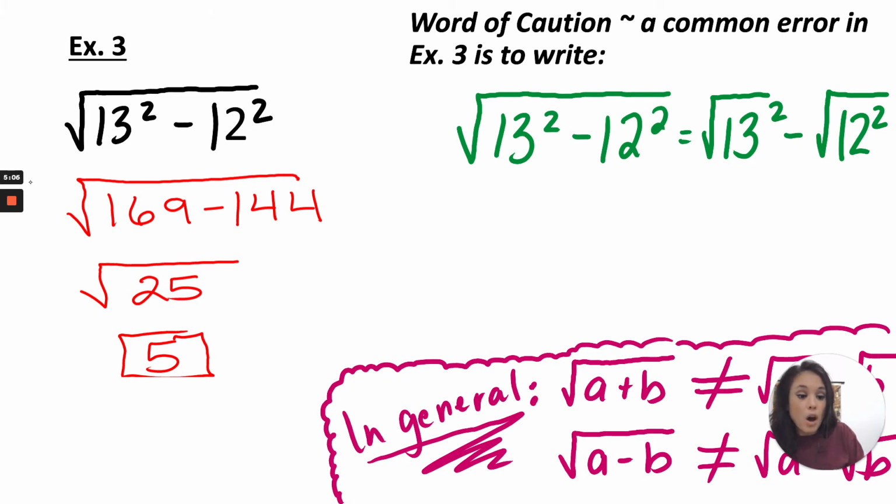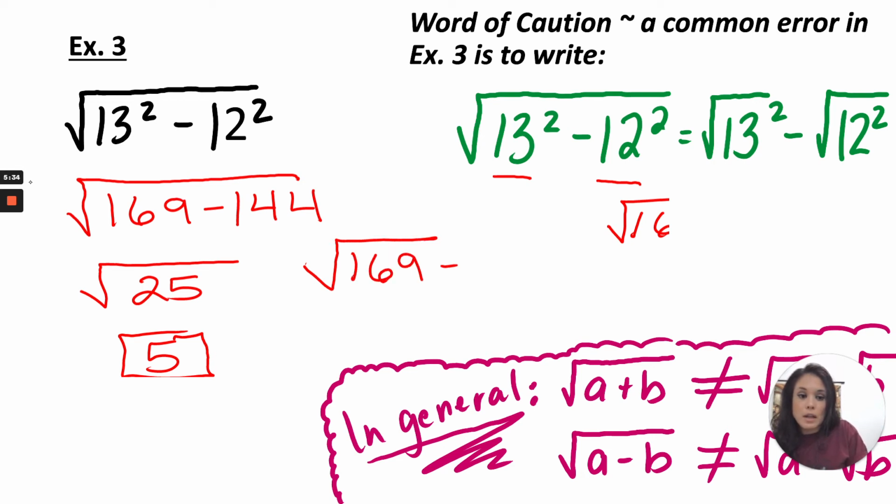A word of caution when you are working with square roots. You don't want to separate your 13 squared and your 12 squared into two separate square root problems, okay? Because this will become the square root of 169 minus the square root of 144.